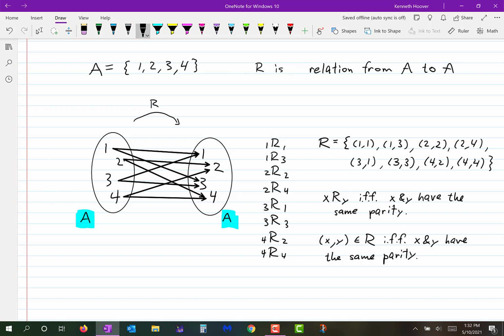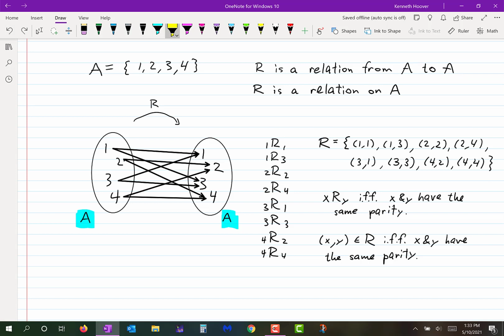But there's something slightly shorter I can say: R is a relation on A. So on A is the same thing as saying from A to A, using the mindset that if the domain and codomain are the same, then why say that name twice?